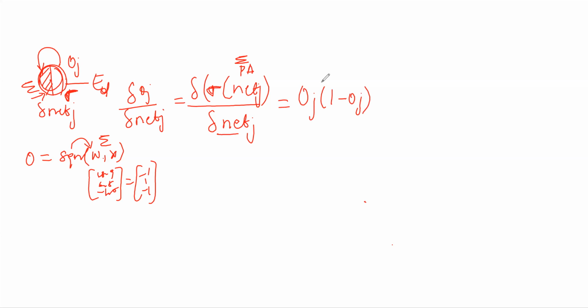Even though it has an activation function and a pre-activation function for that particular neuron, the final output is just OJ into 1 minus OJ, that is, the output of that particular neuron into 1 minus that output value.